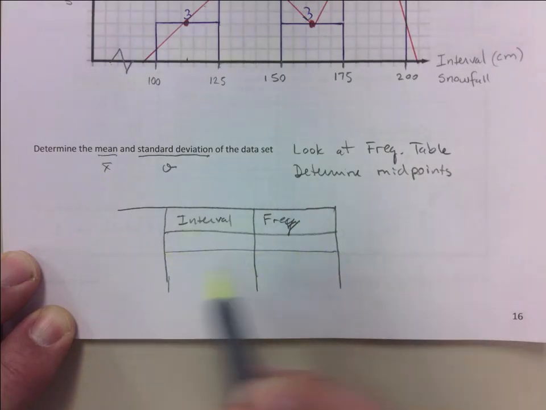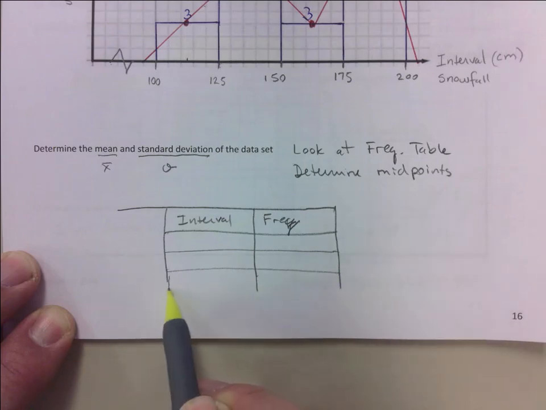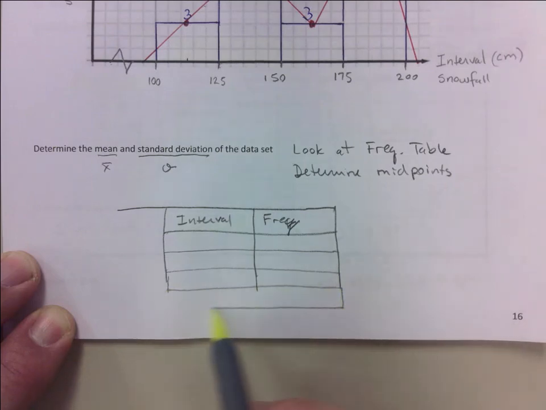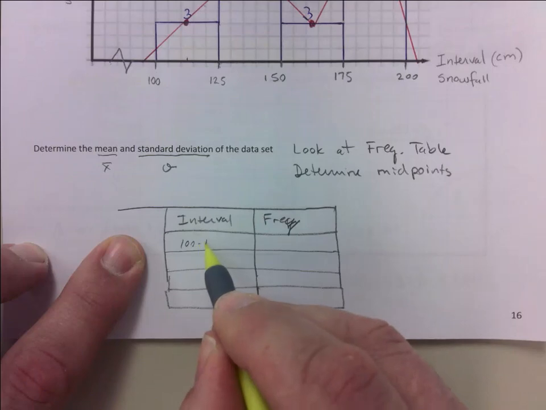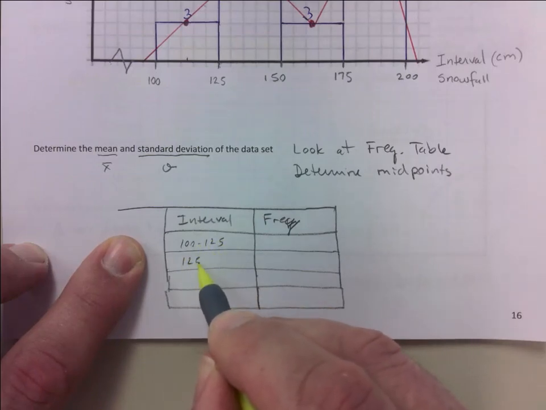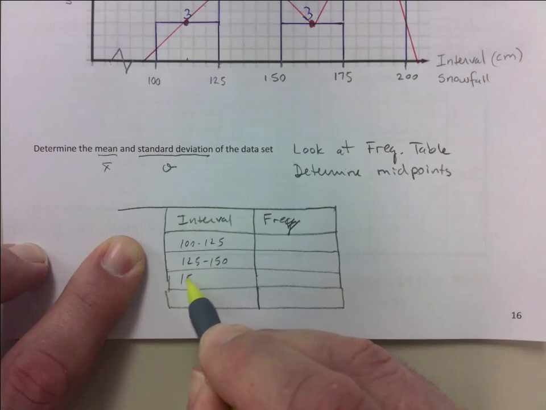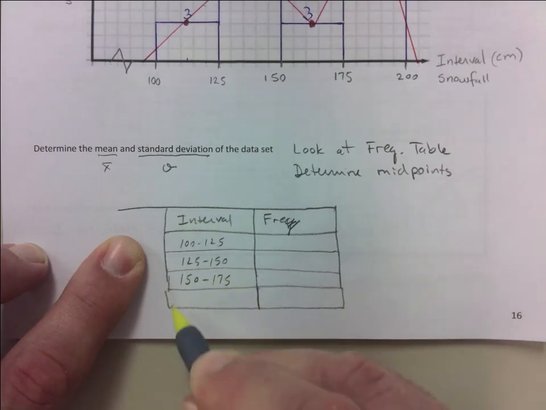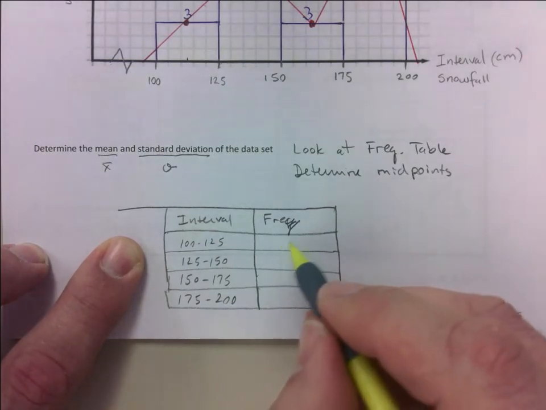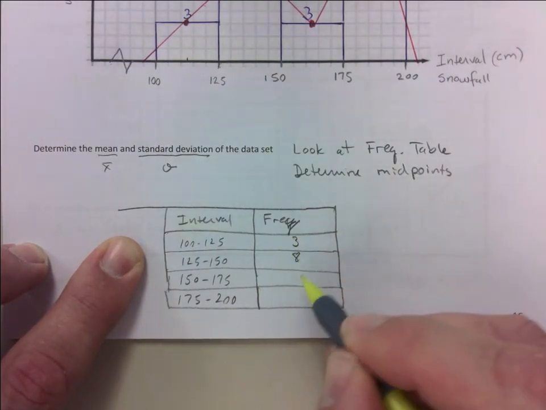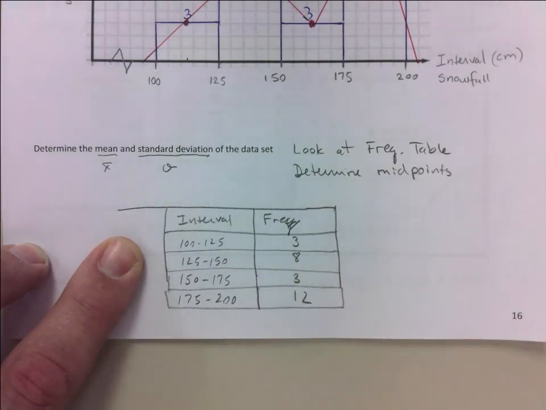So 1, 2, 3, add another one. So we had 100 to 125, 125 to 150, 150 to 175, 175 to 200. And we had 3, 8, 3, 12.